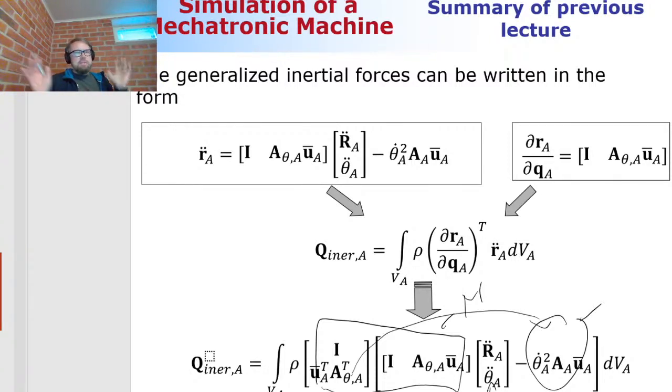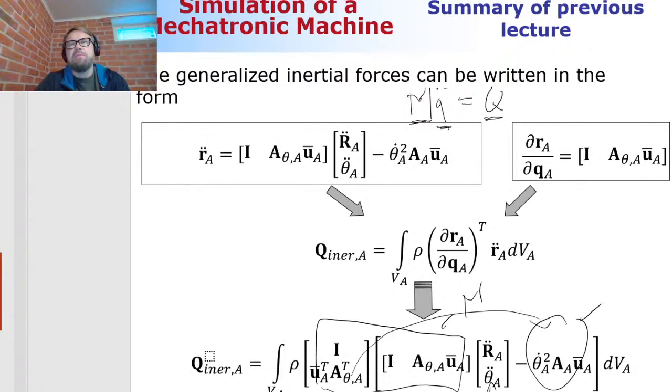So let me already explain how it goes. In my equations of motion, the equation will look like this. I'm going to simplify this a little bit. So this is my mass matrix. This is acceleration of generalized coordinates, and these are the externally applied forces.